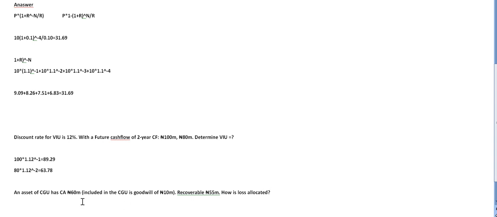Yes. Thank you. Now, let's expand this question. Let's assume that this asset has a carrying amount of 100 million, and the goodwill inside this 100 million is still 10 million. And then the recoverable value is 85.